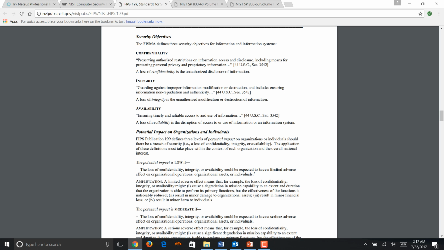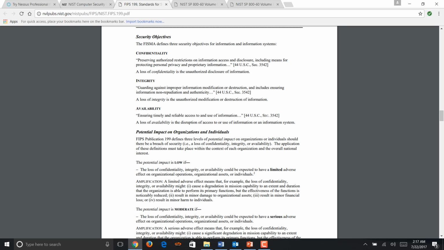What is the severity of damage that can result from this cyber attack? That is what we mean by potential impact. Now, the application of this definition must take place within the context of each organization and the overall national interest. That is, it depends on each organization and each environment.